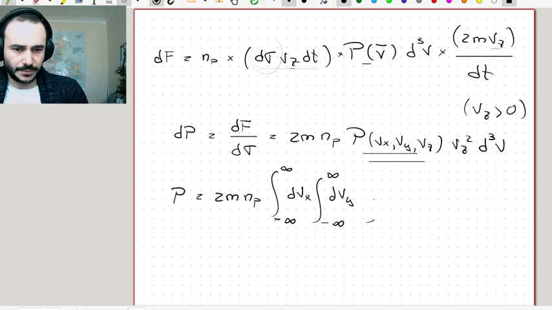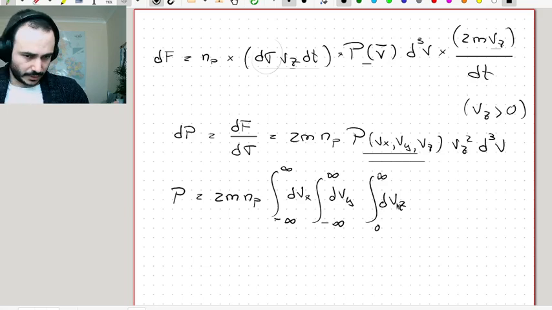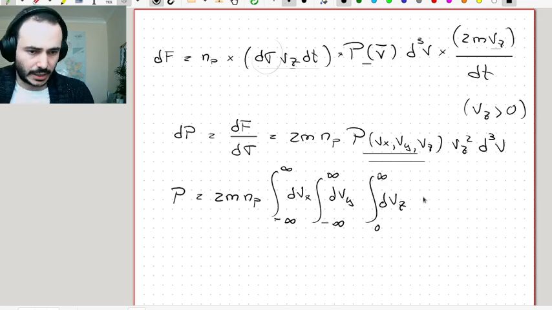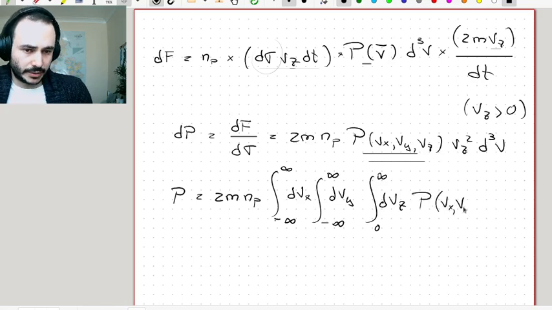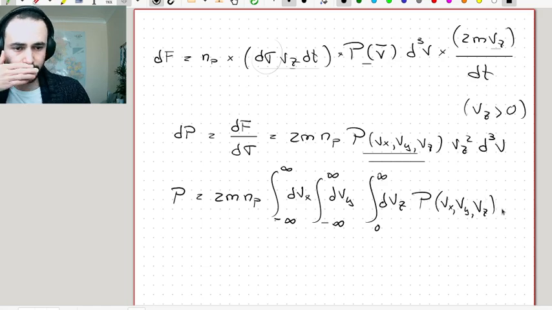And in vz, like I said before, I integrate either over the positive or the negative side, let's say the positive side, from 0 to infinity, dvz. Because I want the particles that are incoming, and I don't care about the ones that are going away, because these are not going to collide with my wall and are not going to transfer any momentum. So this is again the probability distribution of vx, vy, vz, and vz squared.